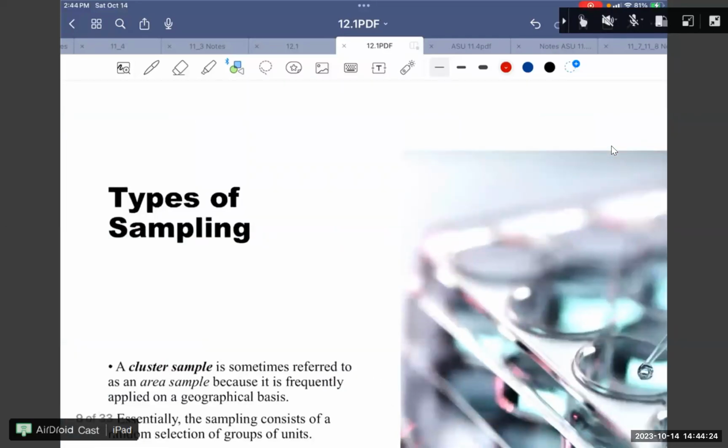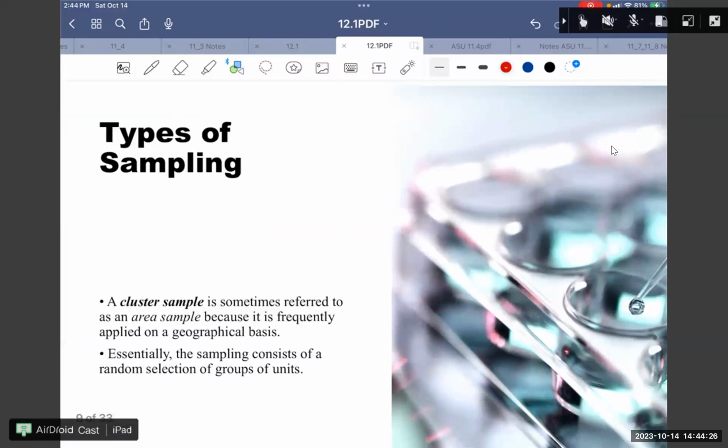So another type of sampling: cluster sampling is sometimes referred to as area sampling because it is frequently applied on a geographical basis. It considers a sample of randomly selected units.